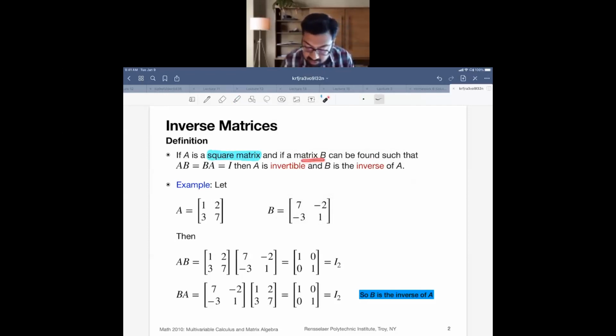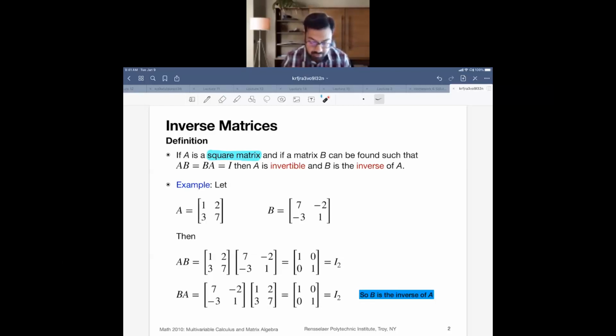And if there is a matrix B that can be found such that the matrix multiplication of AB is equal to the matrix multiplication of BA, and if that happens to be the identity matrix, then A is invertible and B would be the inverse of A. So AB should be the same as BA, and both of those multiplication products should end up in the identity matrix. So identity matrix would be a matrix with unit vectors as your columns.